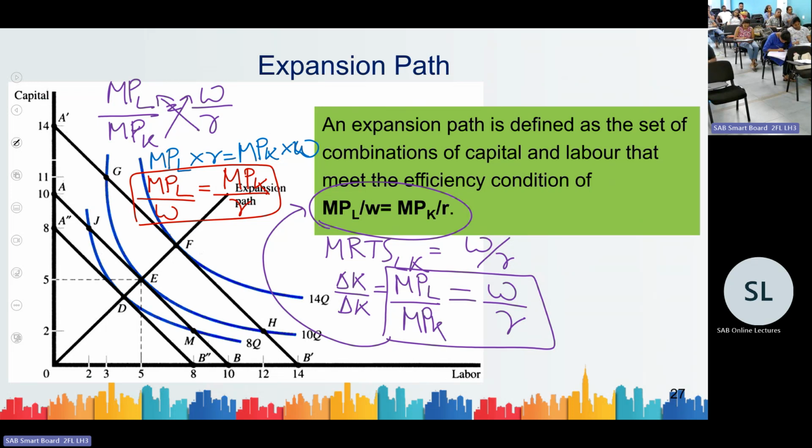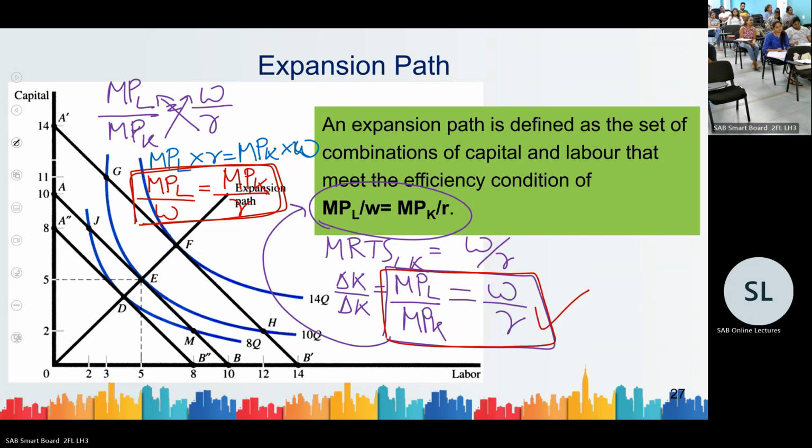Input price ratio is W over R. So at the optimum combination, this condition should be satisfied: MPL over MPK equals W over R. I use cross multiplication, so it becomes MPL into R equals MPK into W. By taking W to the left hand side and R to the right hand side, I derive this expression: MPL over W equals MPK over R. So at the optimum combination of labor and capital, this condition should be satisfied.